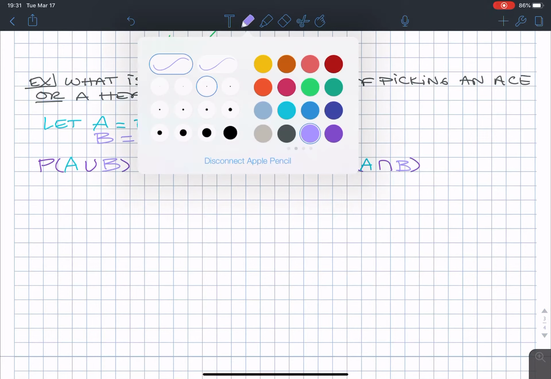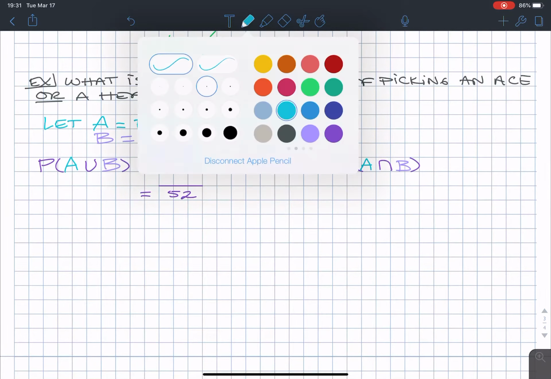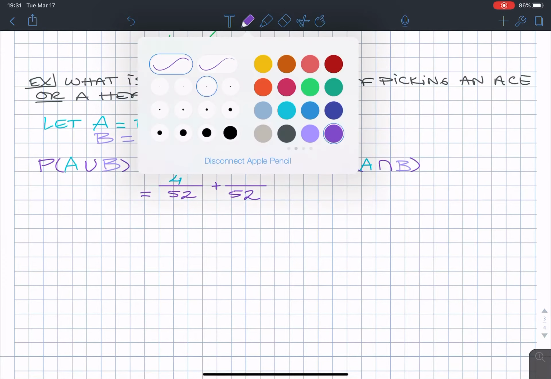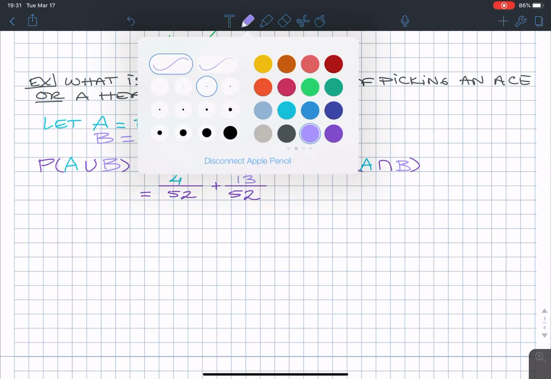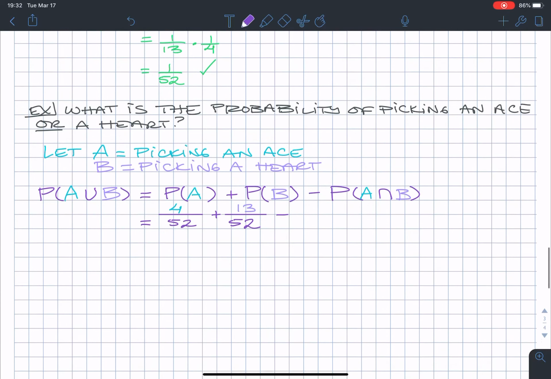Okay, so let's think about this. What is the probability of picking an ace? Well, we know that there's 4 aces for every 52 cards. And what is the probability of picking a heart? Well, there's 13 hearts in 52 cards. And what was the probability of picking an ace of hearts?